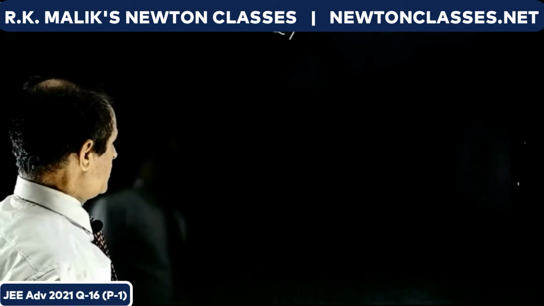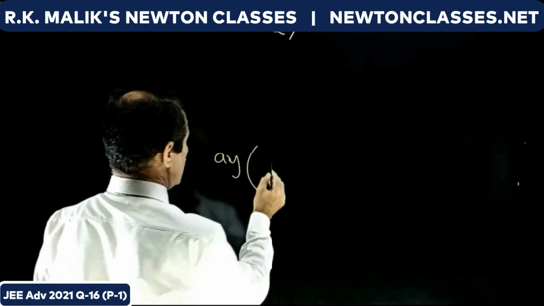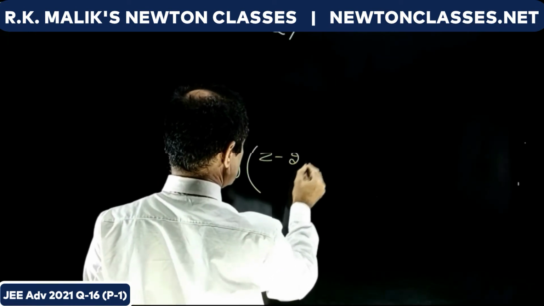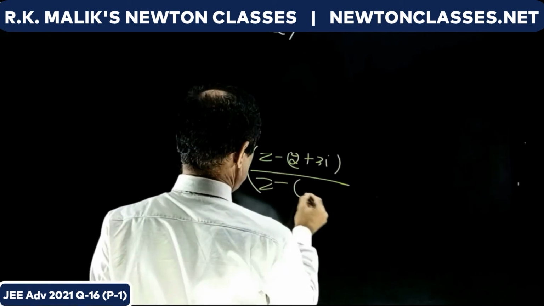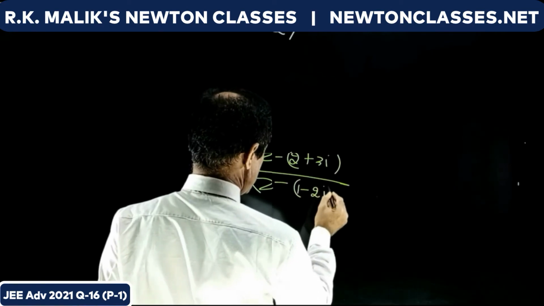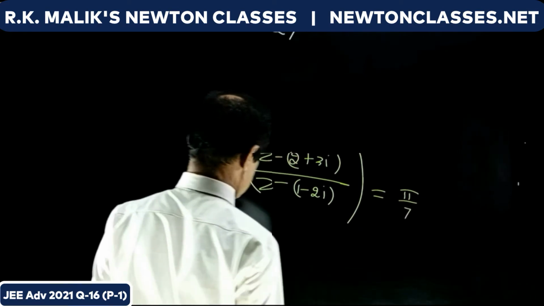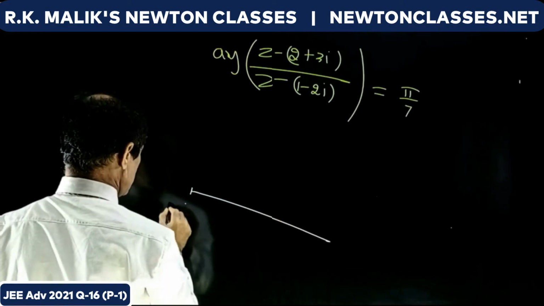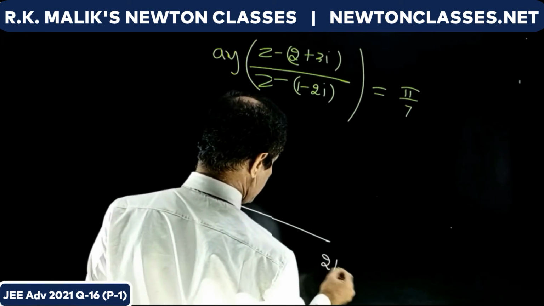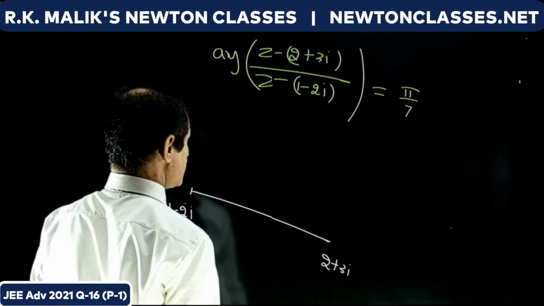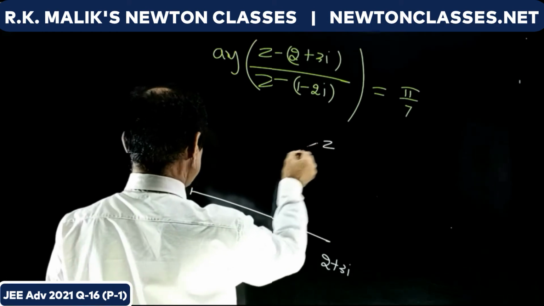Hence, whenever the angle is fixed, the locus of the point P will be a part of a circle. Now to make it clearer, suppose it is given that argument of (z minus 2 plus ci) upon (z minus 1 minus 2i) is equal to say pi by 7, and suppose this is the point having affix 1 minus 2i, this is the point having affix 2 plus 3i, and z is the affix of a variable point.